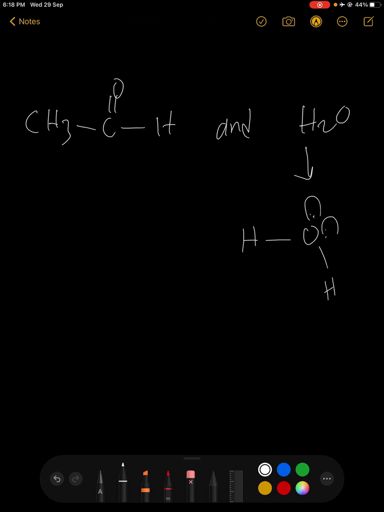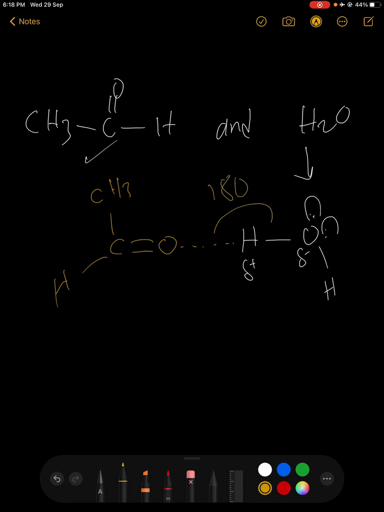Yeah, I have. This is hydrogen, this is partially positive, and this is partially negative. Do I have another oxygen? Yeah, I have oxygen here. So you can arrange it to fit your drawing here. CH3, and we have H. There will be a bond between these. We have 180 degrees. So this is hydrogen bonding. Okay, we're done.